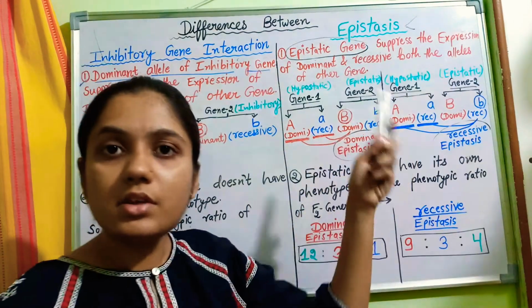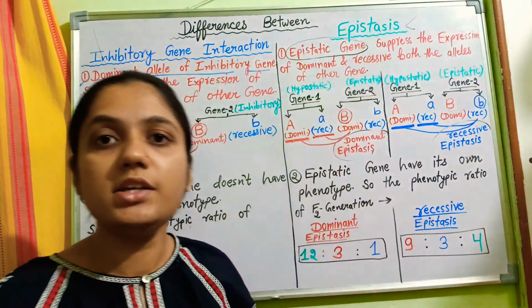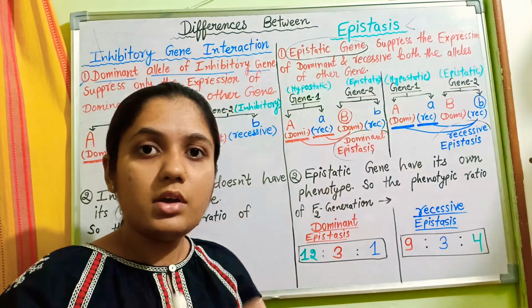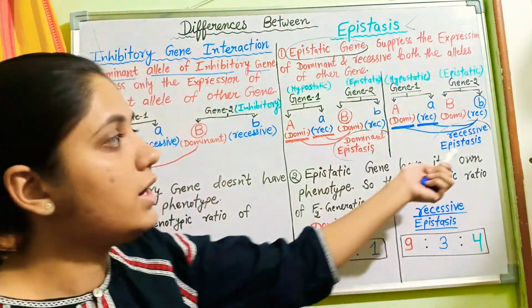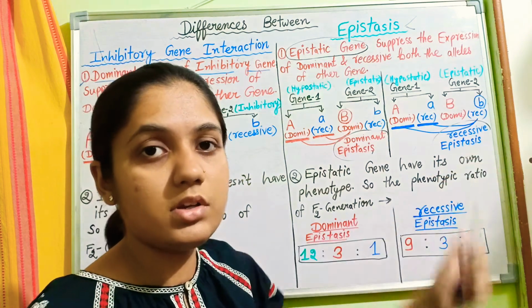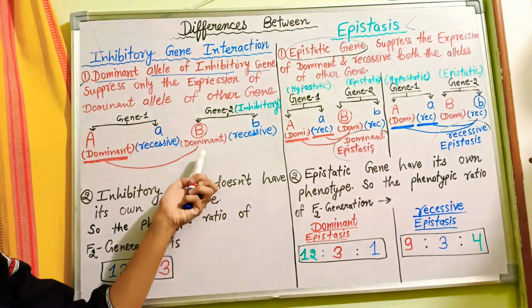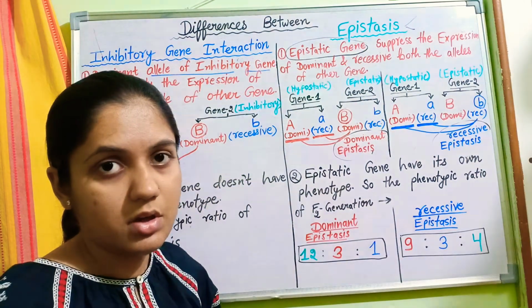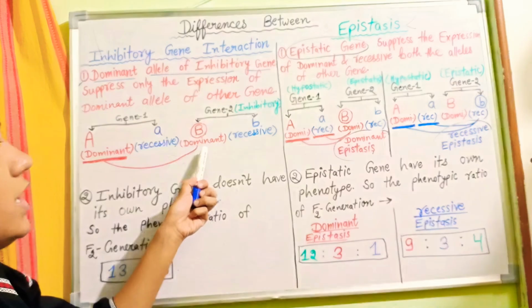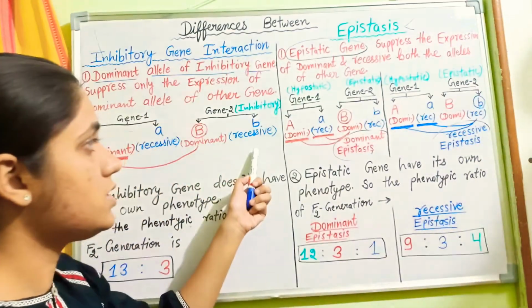So in epistasis, the epistatic gene is completely doing the work of suppression: in dominant epistasis the dominant allele, and in recessive epistasis the recessive allele. But here only one type of inhibitory gene interaction is present, in which the dominant allele is involved in the suppression, not the recessive allele.